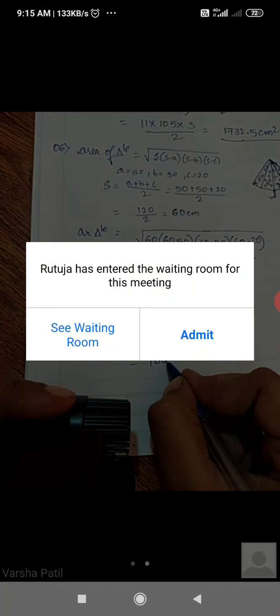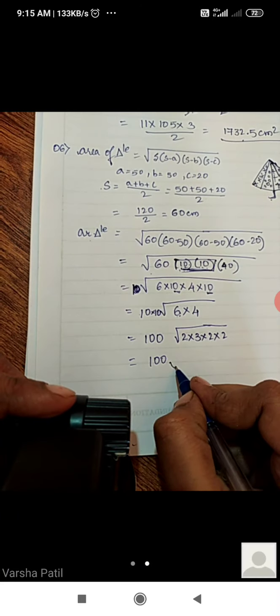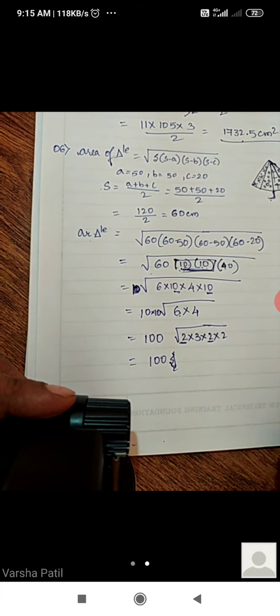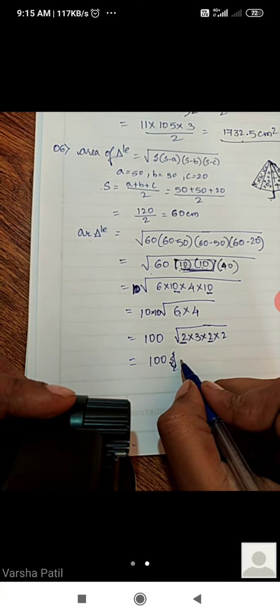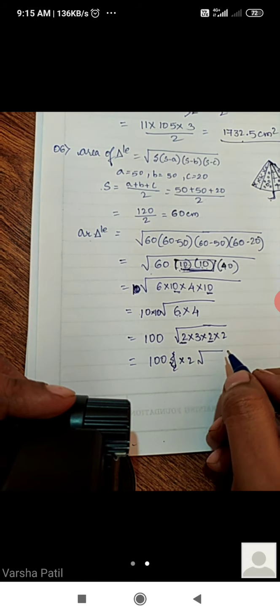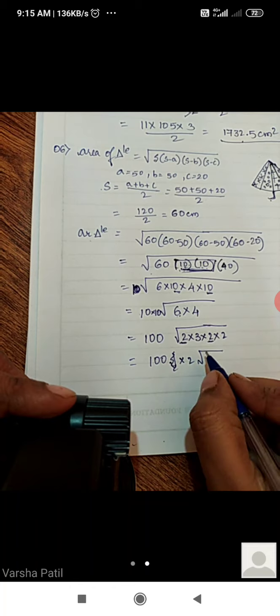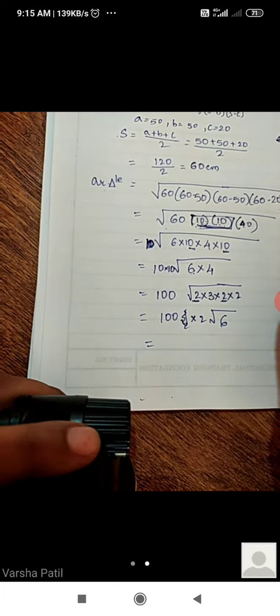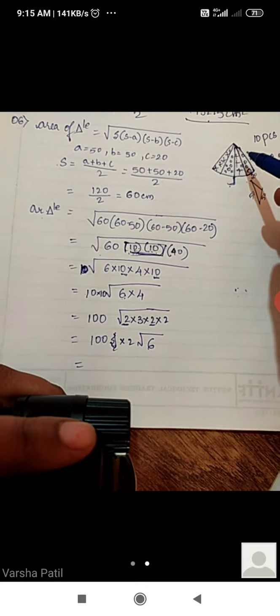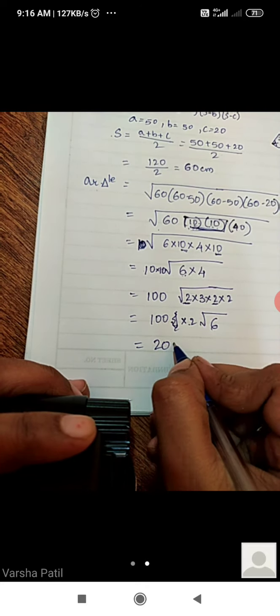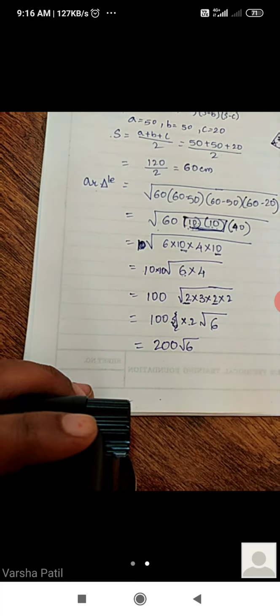Now 2 has a pair, so I take one 2 out. What remains in the square root? 2 into 3, which is 6. So the total answer is 2 into 100, that is 200 root 6.